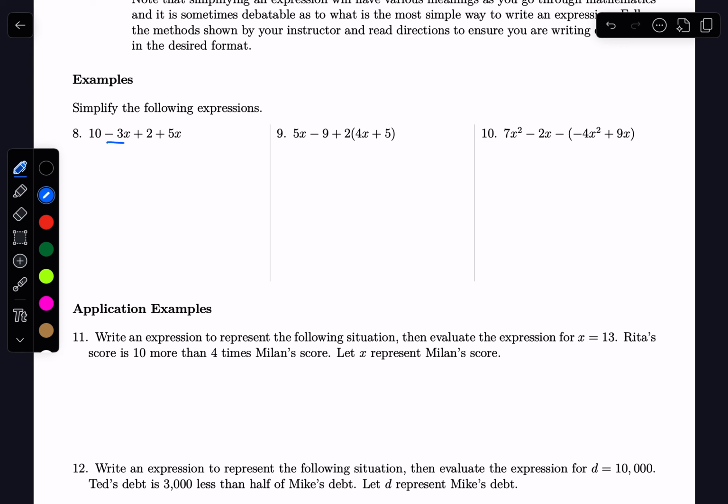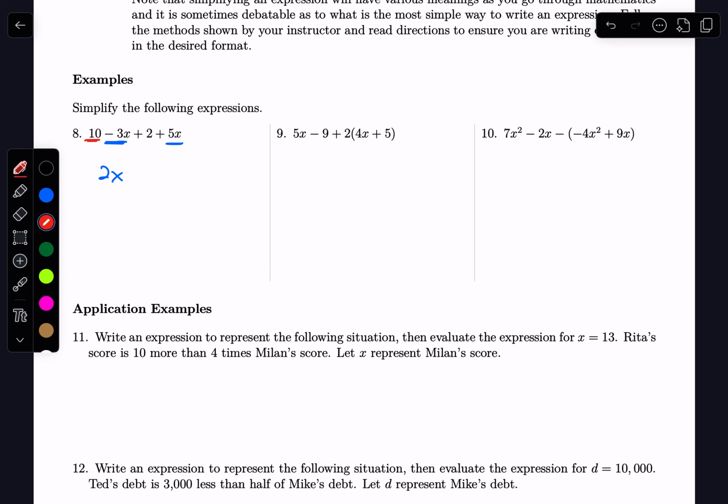So negative 3x and 5x are like terms because they both have an x to the same exponent, in this case a 1. And so I can add together negative 3 and 5 to get positive 2x. Think of it, again, in trucks. If you had 5 trucks and I took away 3 trucks, you now have 2 trucks. Okay, you add the numbers, the coefficients, and you leave the variable the same.